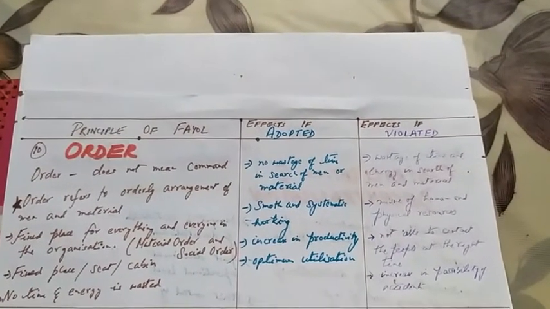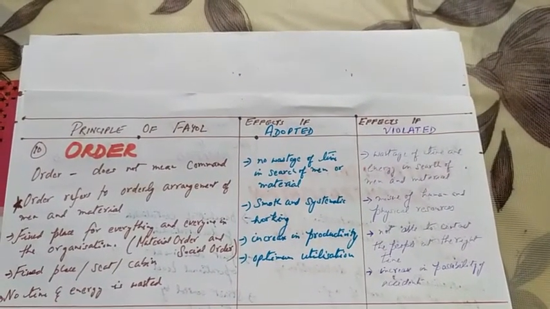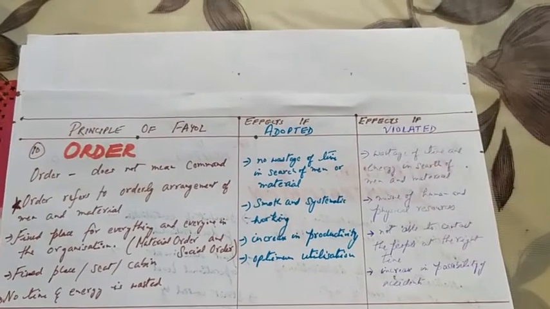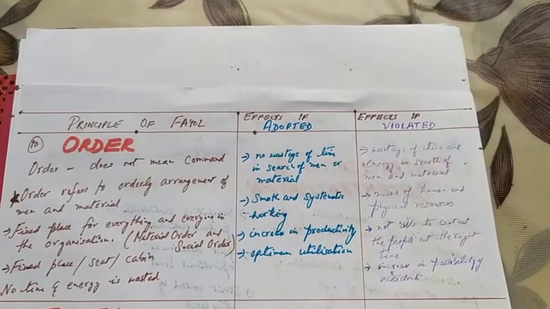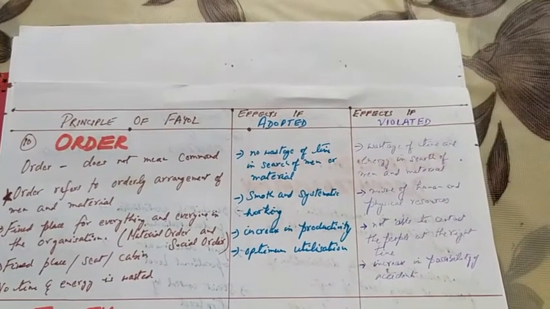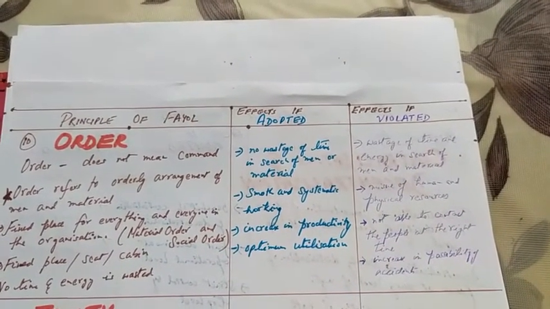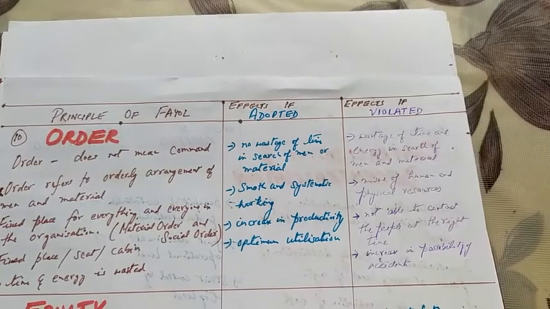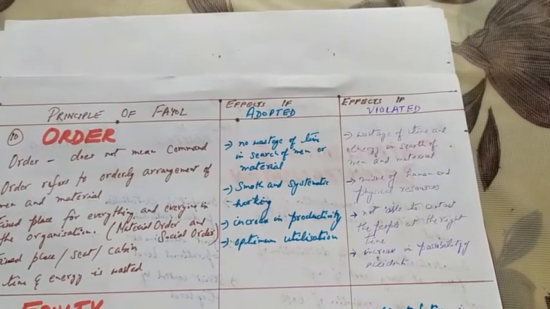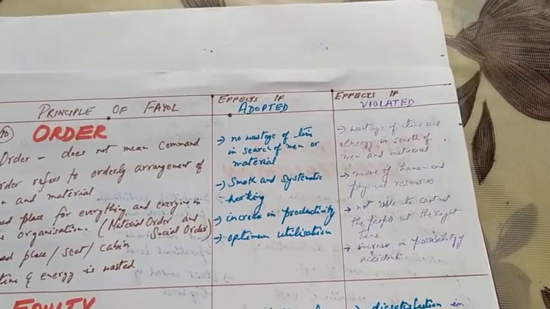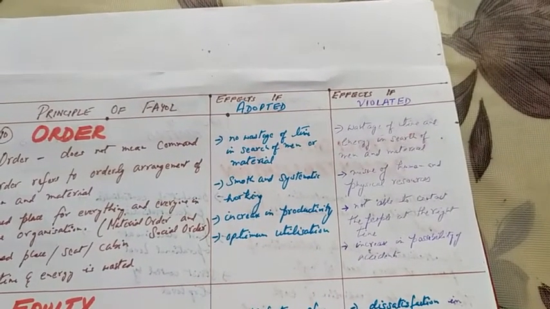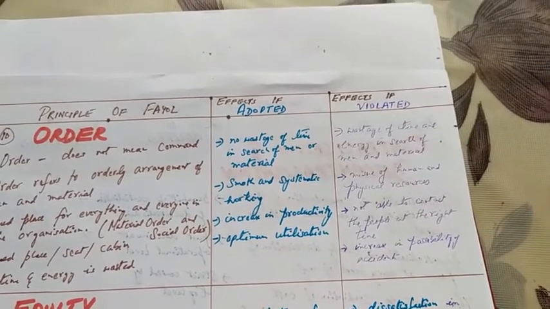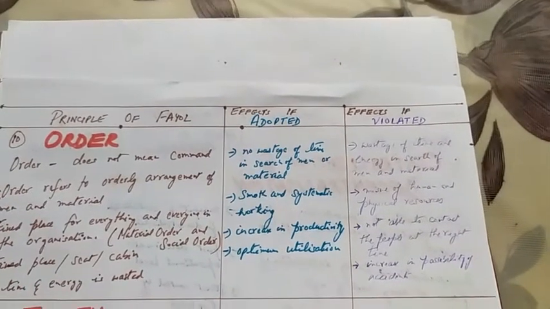If it is relating to things, then that will be called material order, and if it is relating to people, there will be social order. Like there may be a warehouse for keeping the finished goods, or there may be a room for all the tools that will be used during production, or there may be a proper production area where all the machines and technical things will be in place.